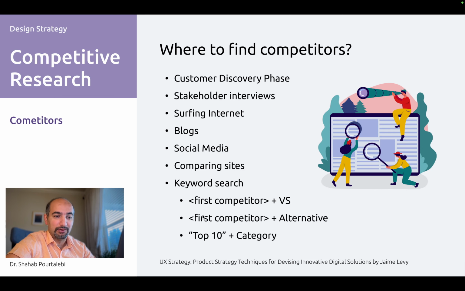Or if you know your first competitor, you can add a word like "alternative", so it comes with tons of alternative products. Or "top 10" plus category, like top 10 maintenance applications. So you get all different pages, so you can go there and discover.